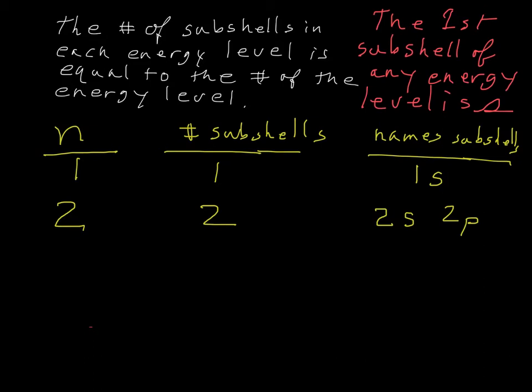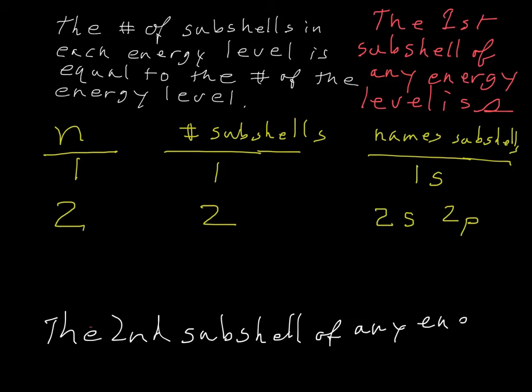The second subshell of any energy shell is called P. So we have the second energy level, 2 subshells, and we call them the 2s and the 2p.